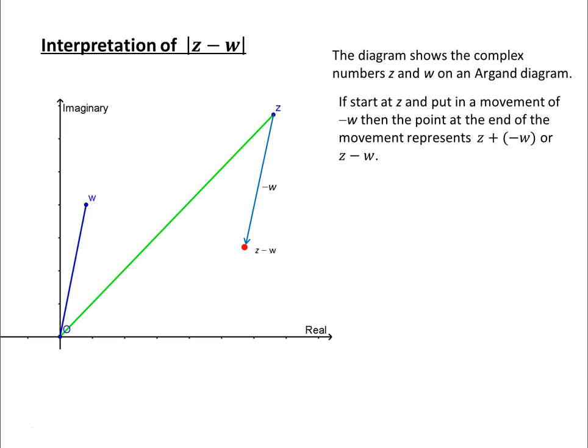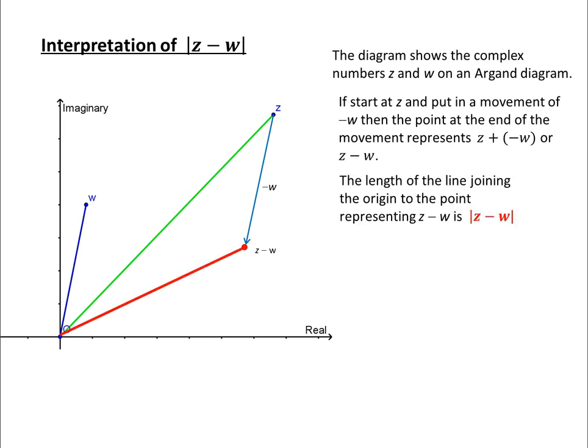Now, the modulus of a complex number represents the length of the line joining the origin to the complex number. So the modulus of z minus w is the length of the line joining the origin to the point z minus w. So the modulus of z minus w is the length of the red line that we've got on the diagram.